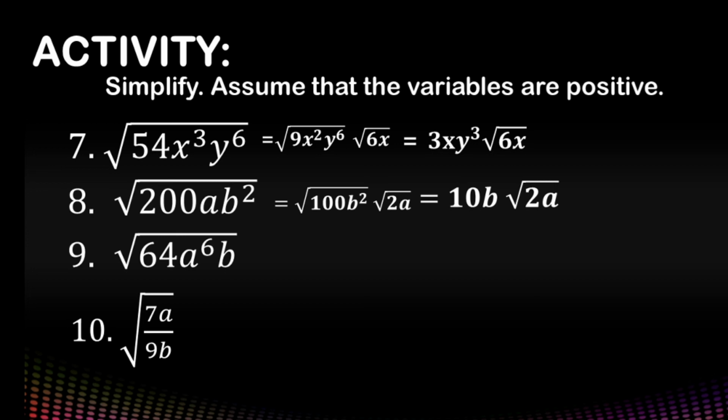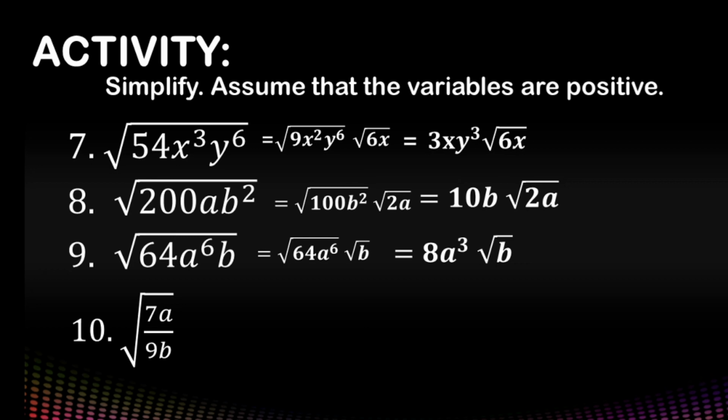The square root of 64a raised to 6 b. Yes, we are going to factor it as the square root of 64a raised to 6 times b, which leads us again to 8a cubed times the square root of b. We have the square root of 7a over 9b.